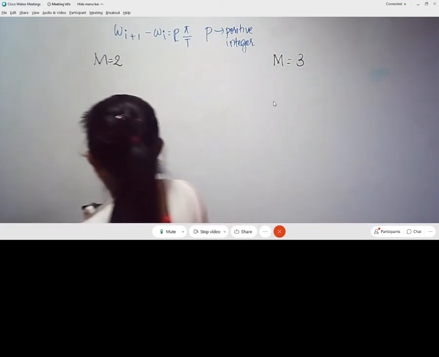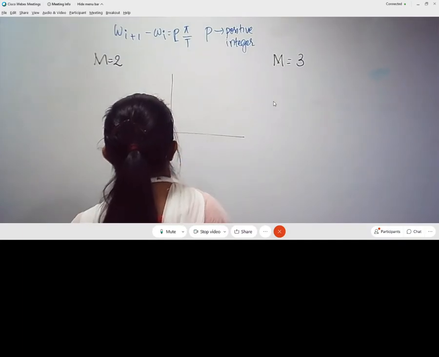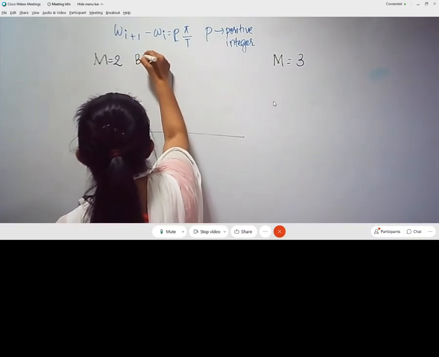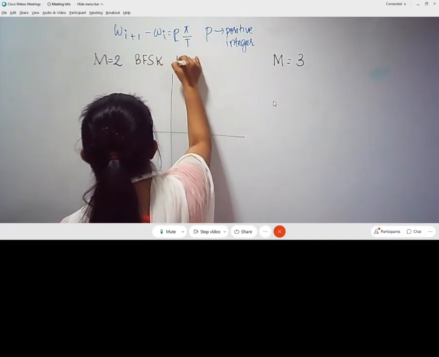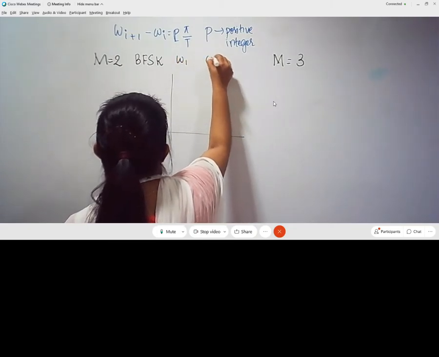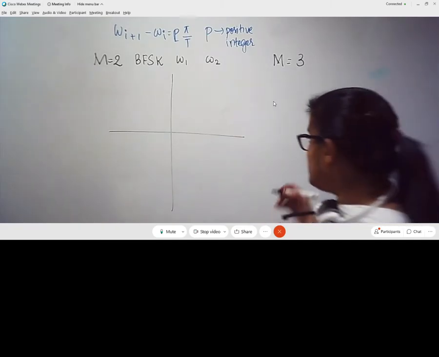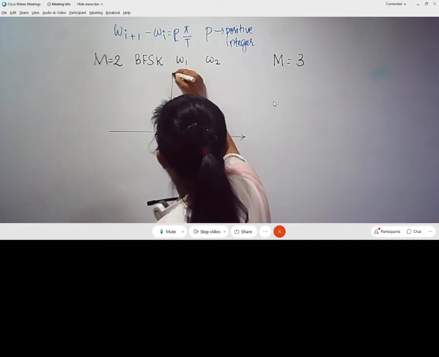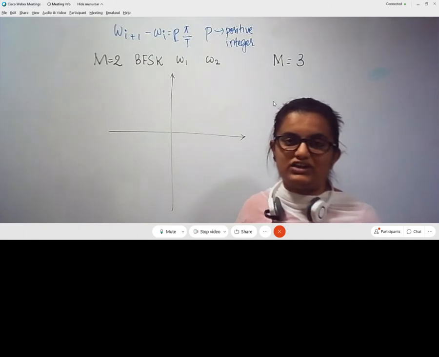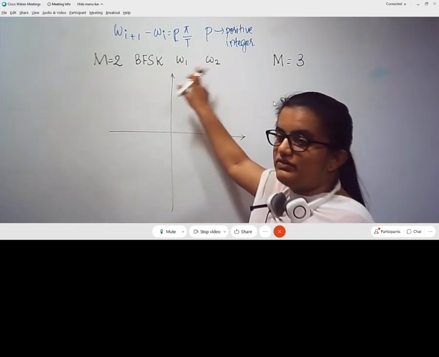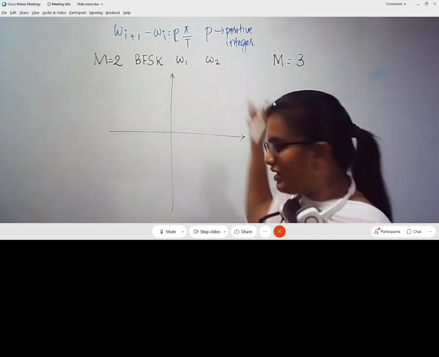For the 2 case, that is binary FSK, I will have two different frequencies called omega 1 and omega 2 corresponding to the symbols S1 and S2. So the two symbols are identified by their respective basis functions with the frequencies omega 1 and omega 2.